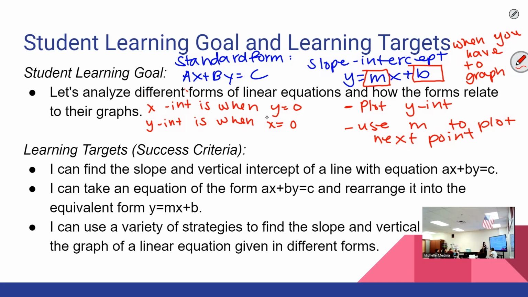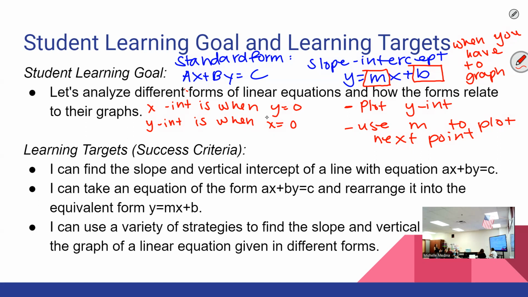So there you go, find slope and y-intercept. Be able to rearrange it into slope-intercept form. And then there are lots of strategies. You could use Desmos, you could rearrange it. There's even one I never really cared for as a student.